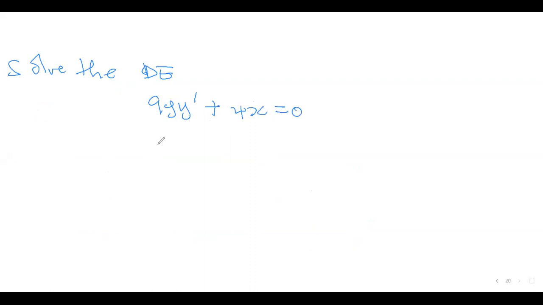So this is 9y dy/dx equal to negative 4x, and this is 9y dy equal to negative 4x dx when you take this to the other side.